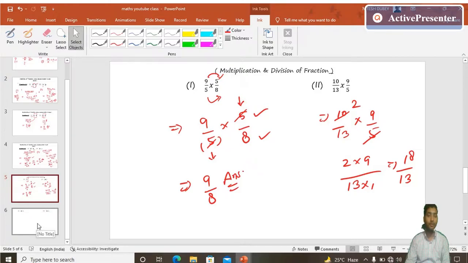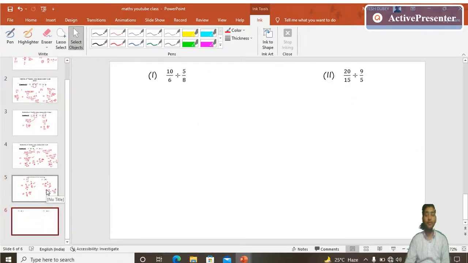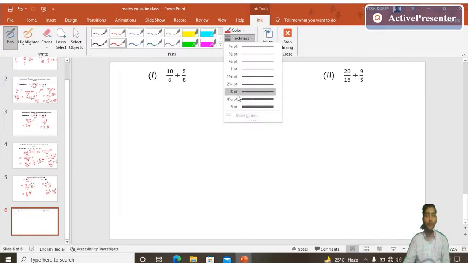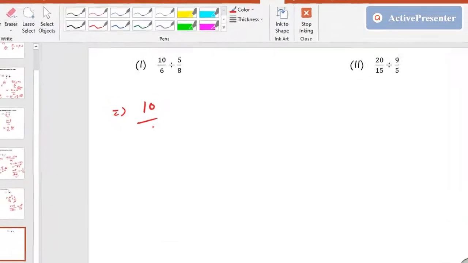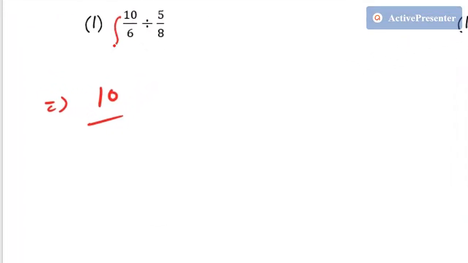Now we are coming to the division of fractions. When we are dividing fractions, here is something interesting you will have to do. First of all, copy the first term of the fraction as given, 10 by 6. Just write it down as given in the question. Now change the division sign into multiplication.